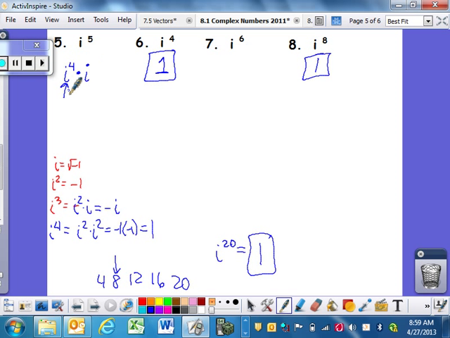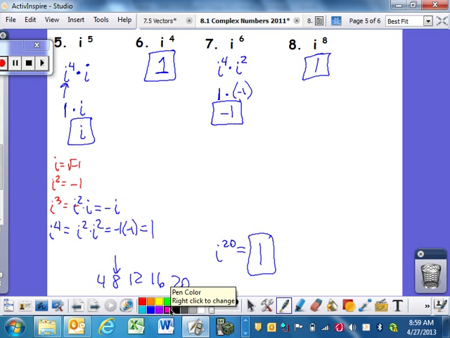Well, i to the 4th I know is 1, so it would be 1 times i. So what's your answer? Just i. i to the 6th would be like i to the 4th, the one smaller than it, times how many more do I need? i squared. Well, I know i to the 4th is 1 times i squared, which I know is negative 1. What's 1 times negative 1? A negative 1. And that's the process I want you to take.